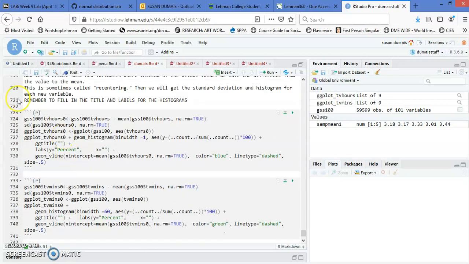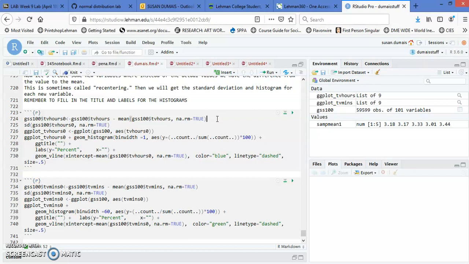So we are creating a variable called TV hours 0, and it's equivalent to our TV hours variable minus the mean of TV hours. So for example, we said the mean of TV hours is about 3. So for each person in our distribution, we're taking their hours of TV watched per day and subtracting 3.